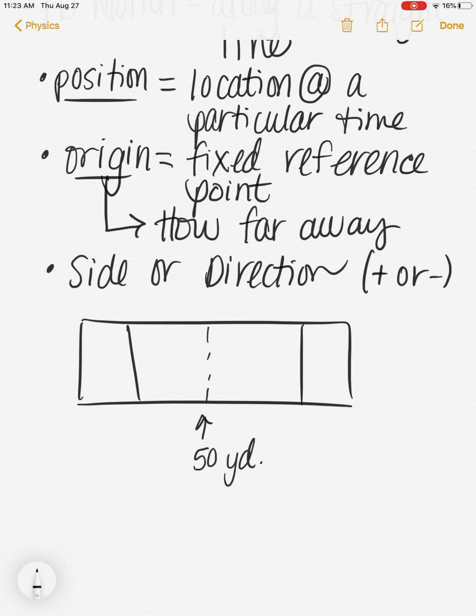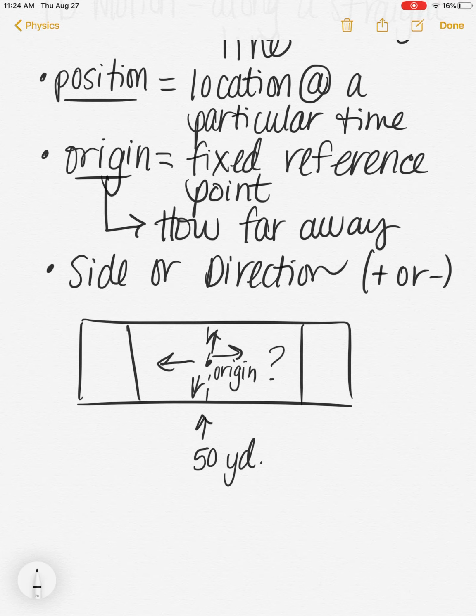And you're participating in a marching band show and you're trying to get your field show all together. If we say that this is your origin, and I say that you are assigned to march 10 yards away from the origin, well, that could be 10 yards to the right, 10 yards to the left, 10 yards up, 10 yards down. So that leaves it pretty ambiguous. How are we supposed to know which direction we go?